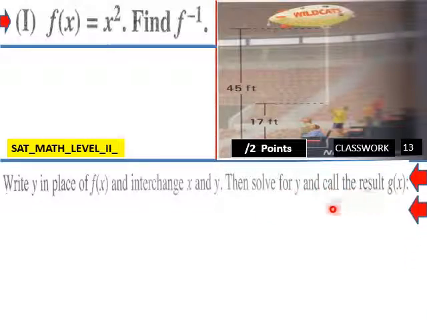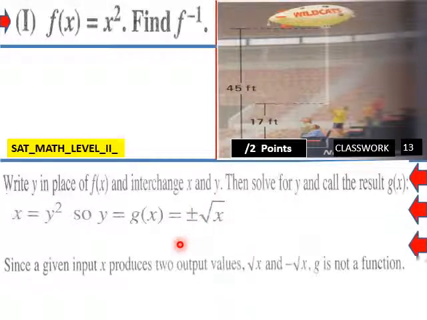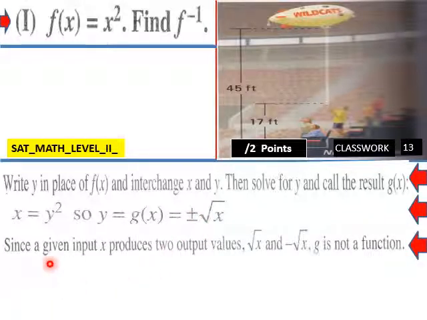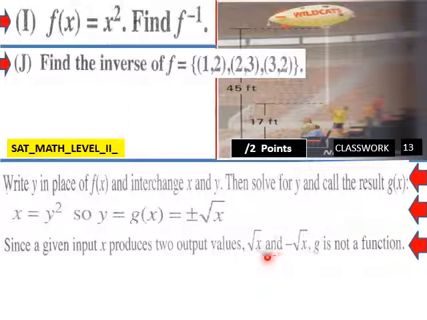Then solve for y and call the result g of x. So in this case here, x will equal y squared. So y equals g of x, which equals plus or minus radical x. So since a given input x produces two output values, a radical x and a negative radical x, g is not a function. So okay, g is not a function, but it's still the inverse.